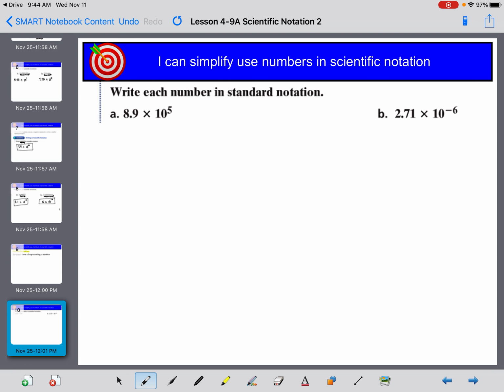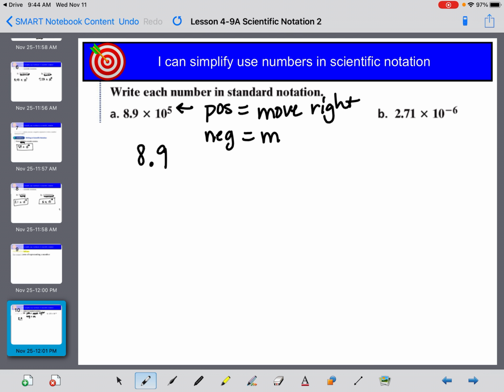We want to write them in standard notation or standard form. We're going to work with the first number, 8.9. Then I look at my exponent. The exponent is a positive 5. Positive equals move the decimal to the right. Negative exponent, move the decimal left. And the actual number 5 is how many places to move it.